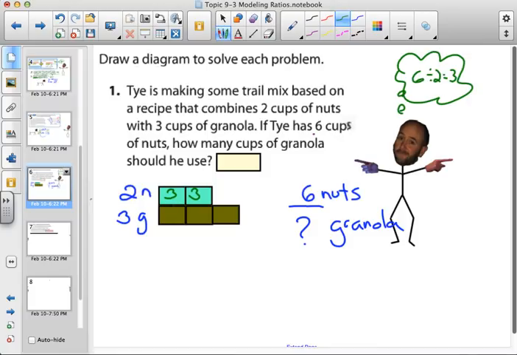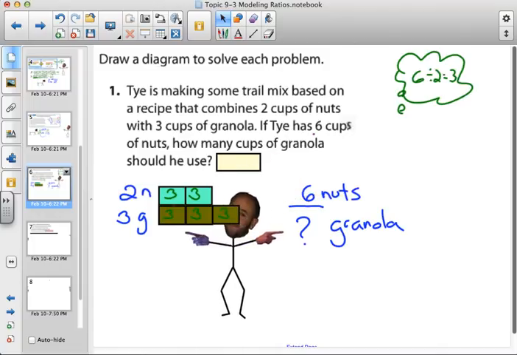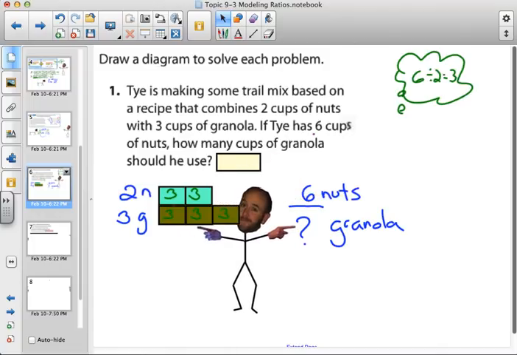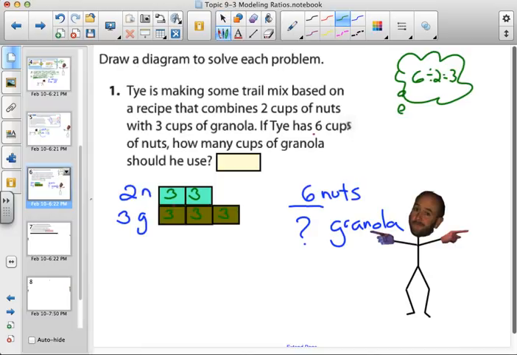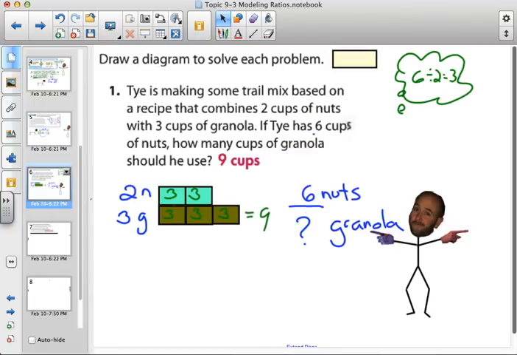So then I know that I'm going to have to put 3s in here. And then I can say to myself, I'm going to have 1, 2, 3 sets of 3, which would equal 9. So if I have the 6 cups of nuts, I'm going to need 9 cups of granola. And the answer is 9 cups.